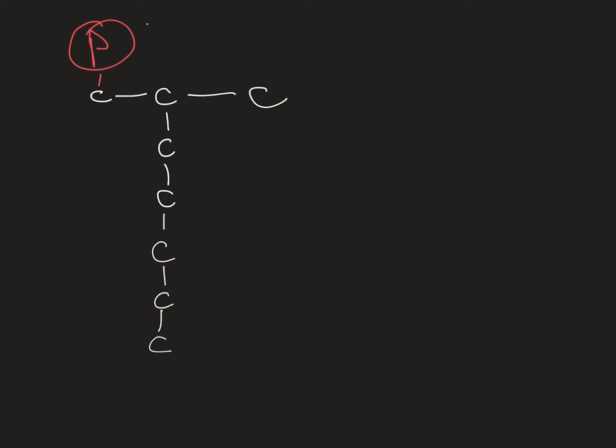A chain of carbons. So if you have a chain of carbons, there's 1 phosphate, a glycerol, and 2 fatty acids, 2 chains of carbons. So 1, 2, 3, 4, 5, 6, and 1, 2, 3, 4, 5.